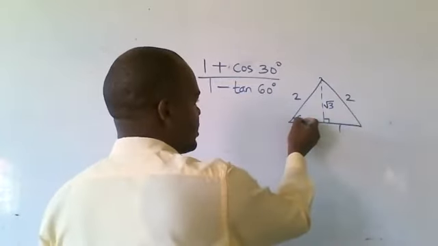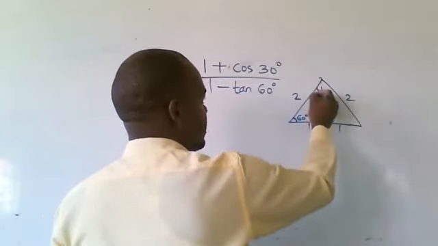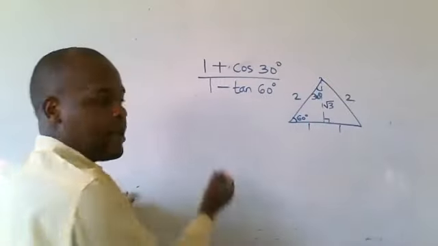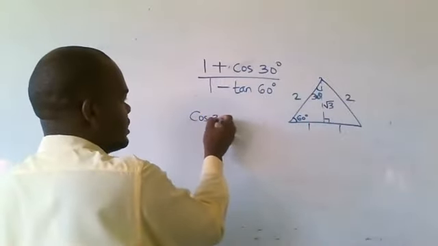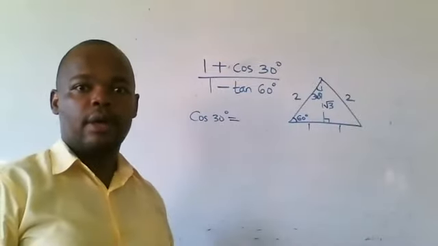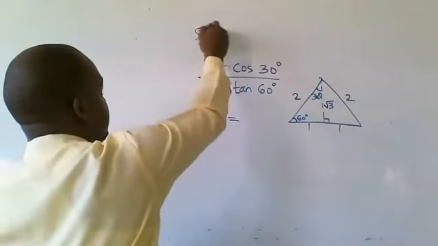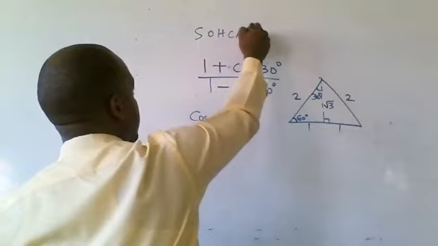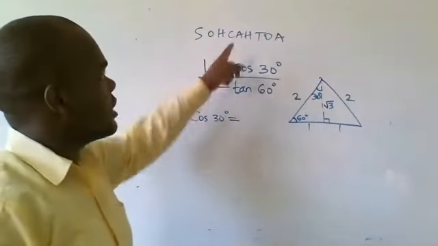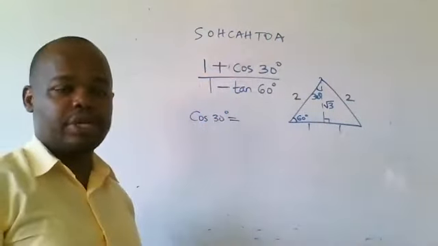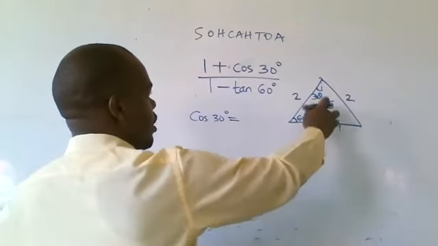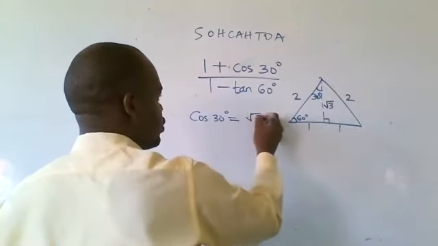And this one, remember, is 60, and this is 30. So I say from there that cos 30, remember, you use the abbreviation SOH, CAH, TOA. So the cos is adjacent over hypotenuse. So adjacent there is square root of 3, and the hypotenuse is 2.